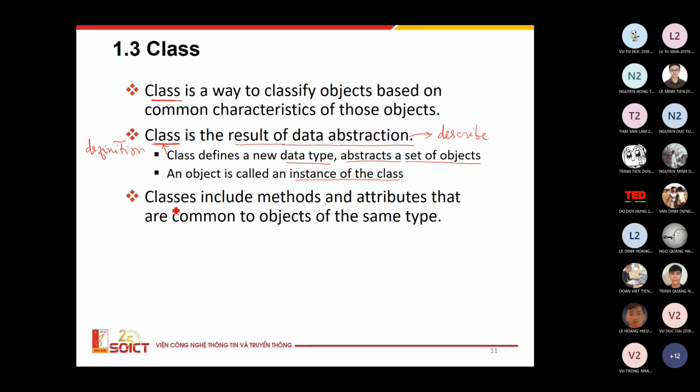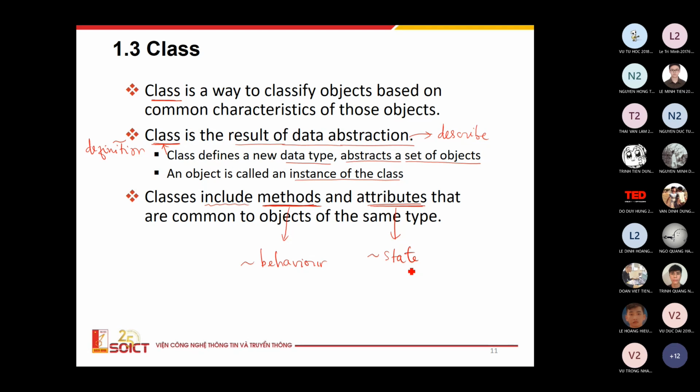And in the class, you can include the methods and the attributes that are common to objects of the same type. Okay, we talk about the attribute and we talk about the method. The attribute is something related to the state of this object, and the method is something related to the behavior of this object.